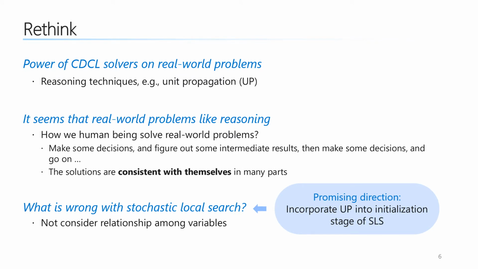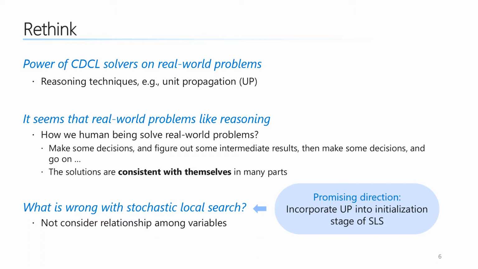Now, let's rethink why CDCL solvers perform much better than SLS solvers on real-world problems. The main reason is that, different from SLS solvers, CDCL solvers use reasoning techniques, such as unit propagation, UP. Also, it seems that real-world problems like reasoning.